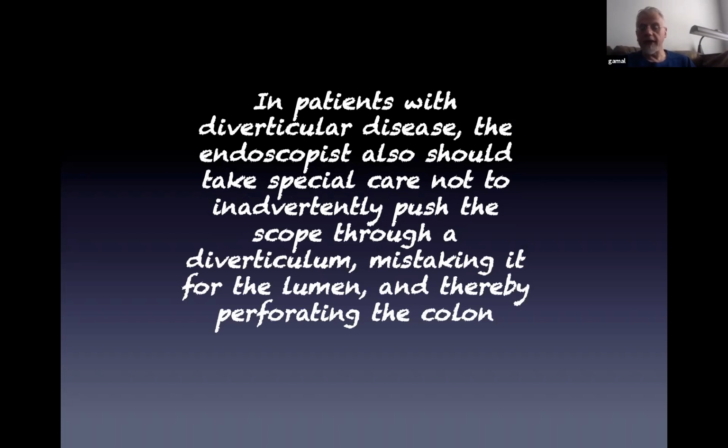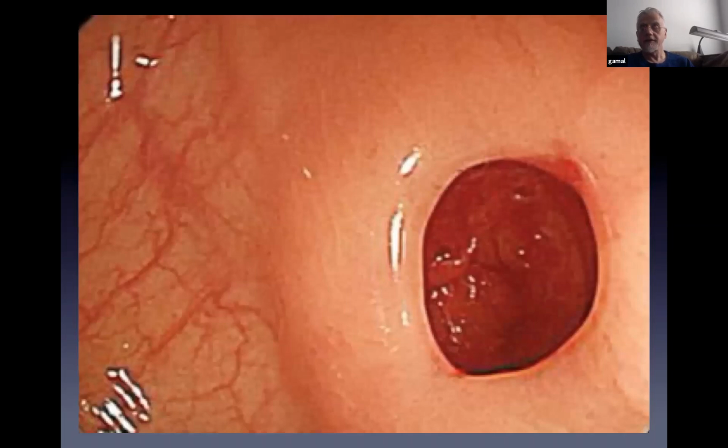So you really have to be careful not to go in a false lumen when you have a patient with diverticular disease. See this picture here? This can be deceptive. You may think this is the colonic lumen. No, it's not. It's the mouth of a huge, big diverticulum. Do not go in there because you can perforate the colon.